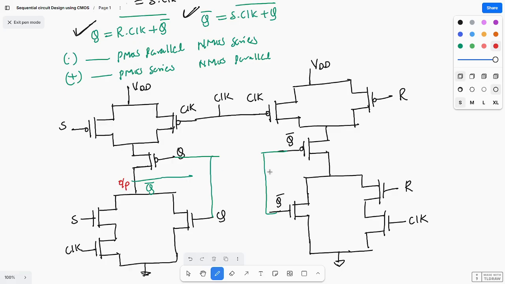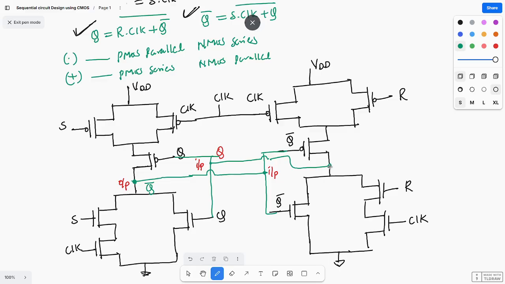And let us take this as input. So this Q bar should be connected to this input. And this is one more input. This is Q. Q is connected to this output.